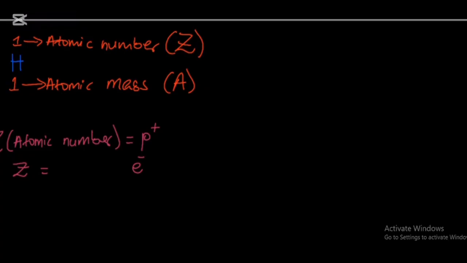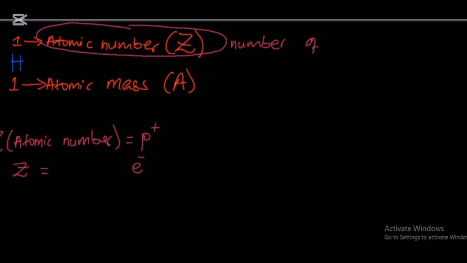This atomic number gives us the number of protons and electrons, right? So the atomic number gives us the number of protons and electrons.